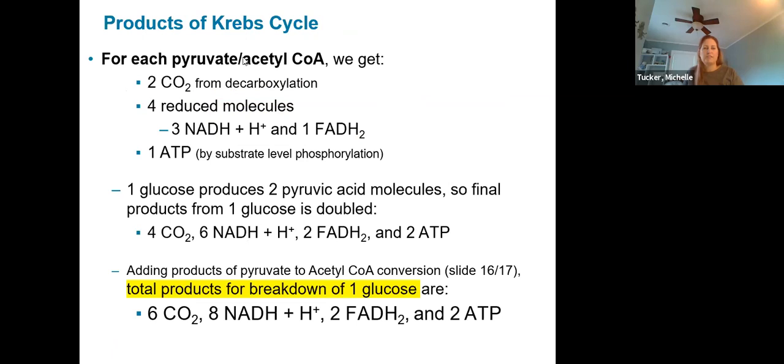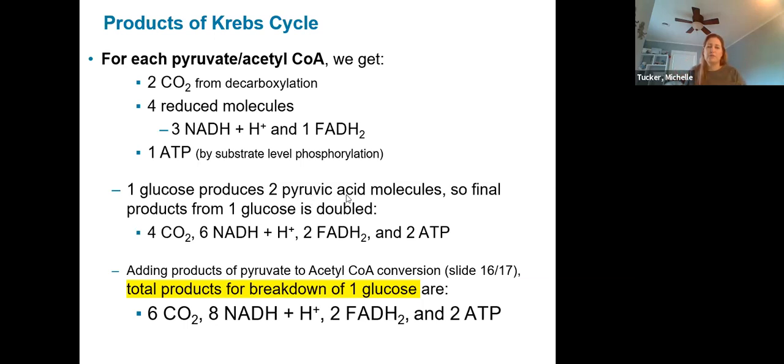So from each pyruvate, once we have acetyl-CoA, we get 2 CO2, 3 NADHs, 1 FADH2, and 1 ATP. Because all of this goes back to a single glucose, what do we get from glucose?